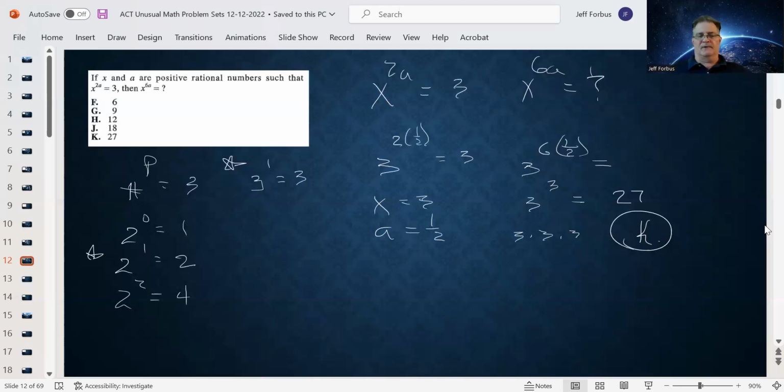So get the first 30 correct, get 15, 16 more. 30 and 16 is 46 math questions. Now you're in the upper 20s for your scale score. That'll help bring down some stress on you, leveraging the math test against itself to help you get a higher math score. Okay, let's move on.